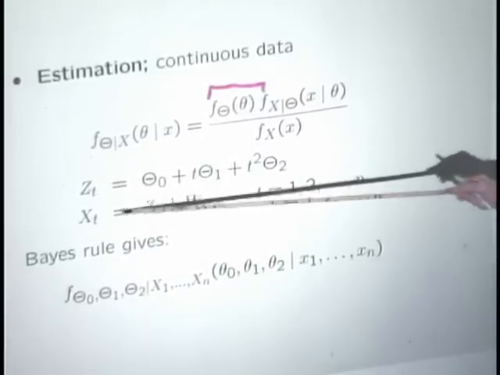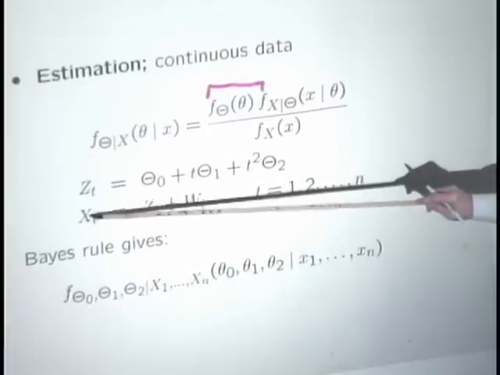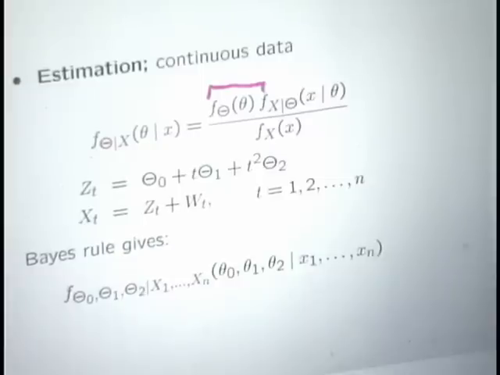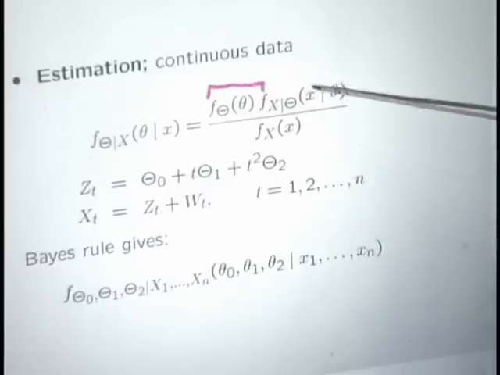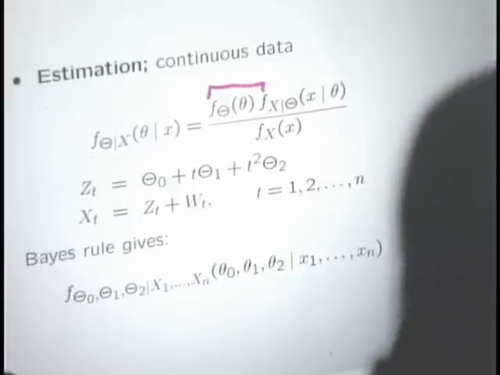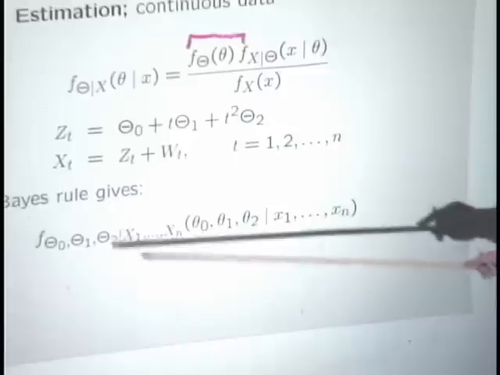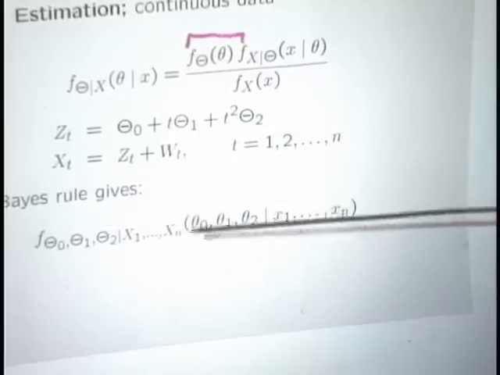And then by playing with this equation, you can also find how x is distributed if theta takes a particular value. So you do have all the densities that you might need, and you can apply the Bayes rule.